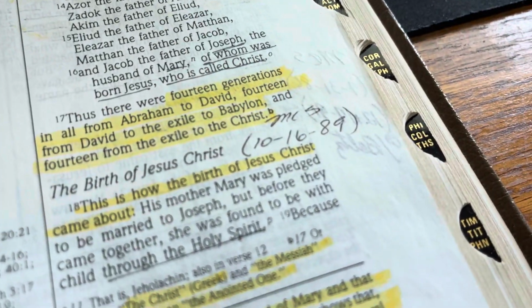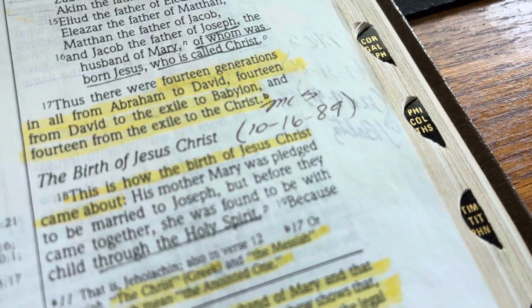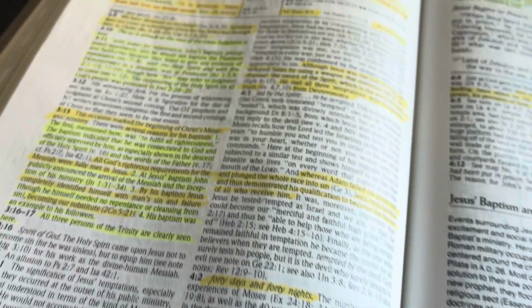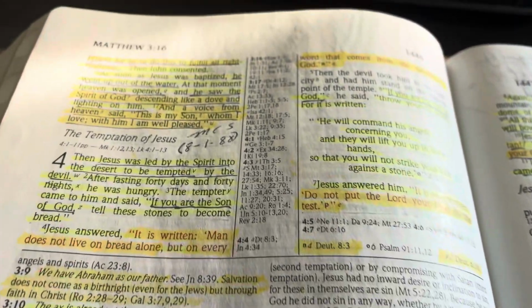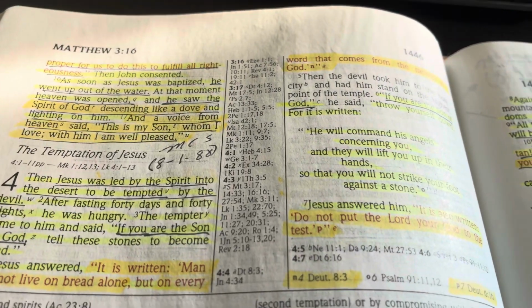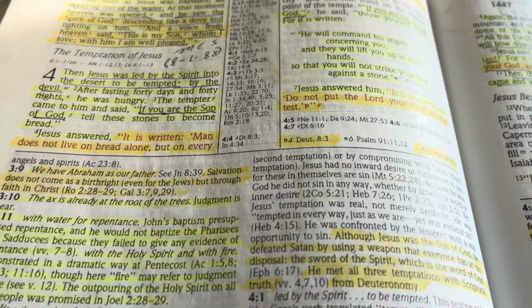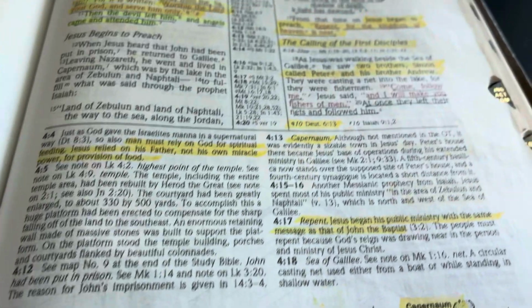See, there's another date down there. October 16th, 1989. And look at all these highlights. Green and yellow. That's more underlines. Just skimming around and showing you.